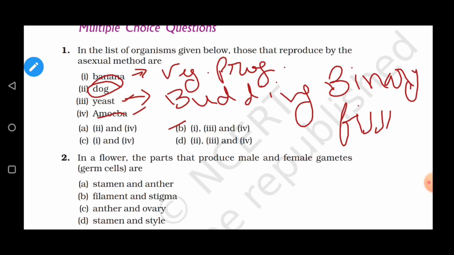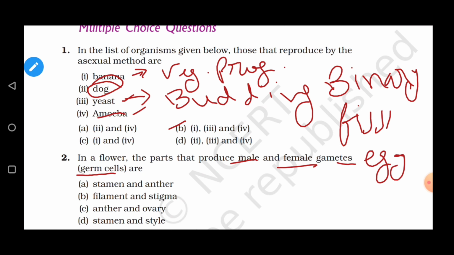Question number 2 is: in a flower, the parts that produce male and female gametes are. Male and female gametes, the germ cells, plant के कौन से part में बनते हैं flower के. We know male gametes are the pollen grains and female gametes are the egg. So these egg and pollen grains are formed in the male and female reproductive parts of the flower.